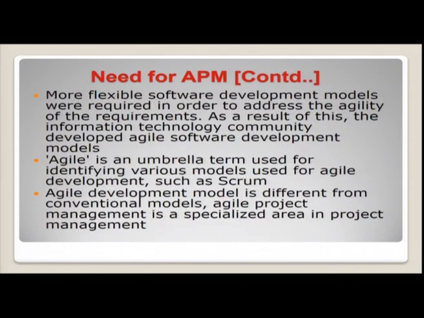Then the other reason for people to go with agile project management is to have more flexible software development models that were required in order to address the agility of the requirements. As a result, the information technology community developed agile software development models.